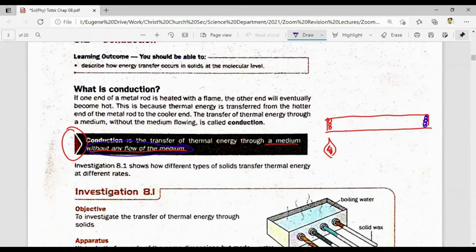They will not move. This movement is not possible. This flow is not possible in conduction. So in conduction, we are talking about how the heat is being transferred without those particles flowing. Then the question: if they don't move from one place to another, how do they exactly pass the energy?